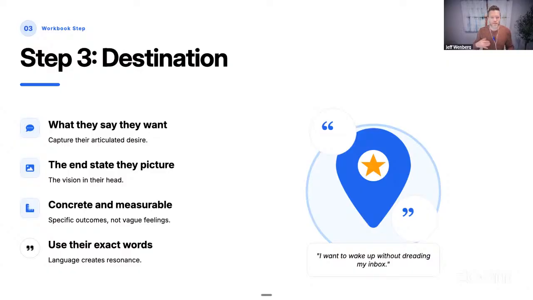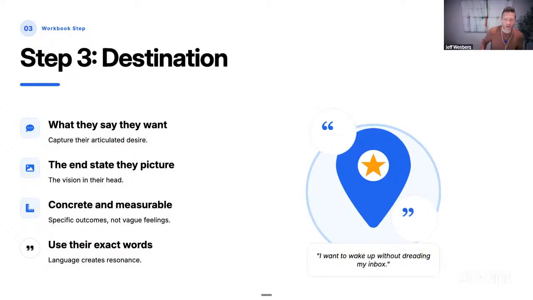I see this with life coaches a lot, where they want to live their best life, or be awakened to their inner spirit. Stuff where I don't even know what that means. Now, the one caveat is if they are saying that stuff, that's okay. But if they don't say that stuff, then we can't use this cute and clever stuff. We want to just use their words, because their words are what's going to resonate with everyone else that is also experiencing that and also wants that in the market. Okay. So this is the destination.